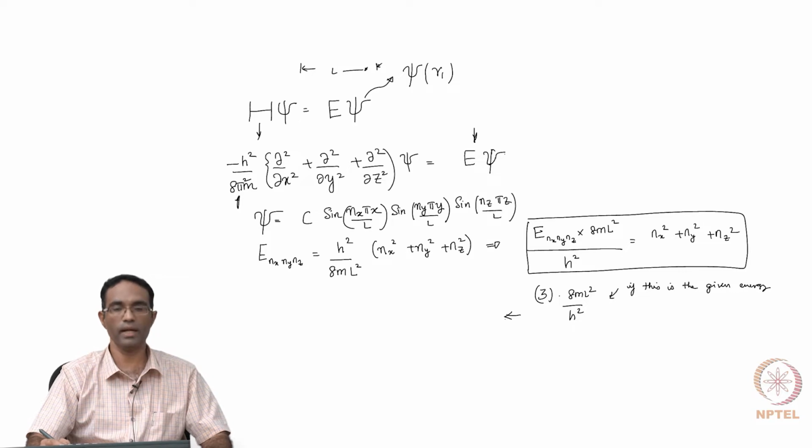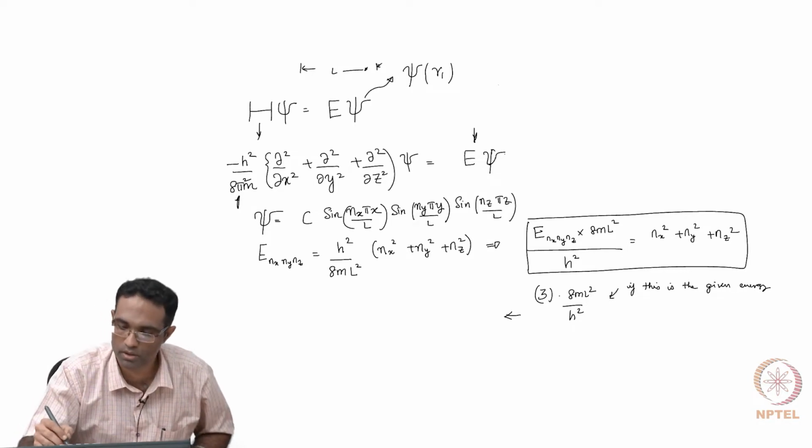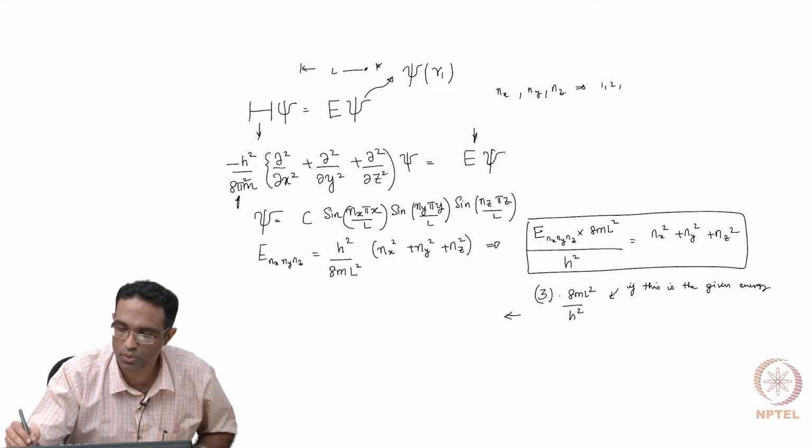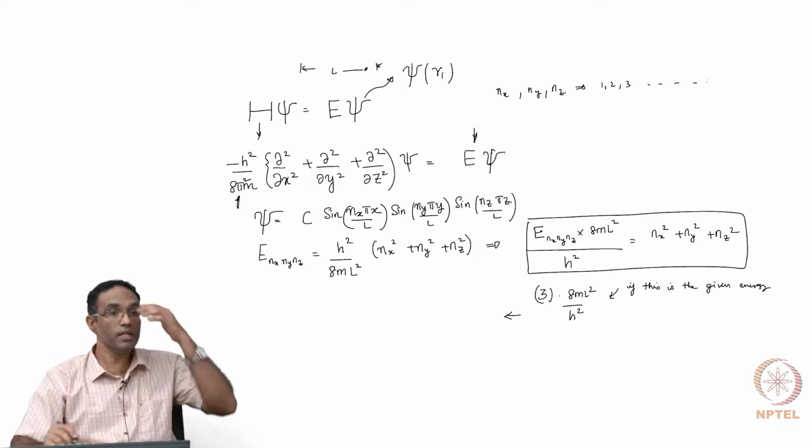What values can they take? nx, ny, nz are all positive numbers. So nx, ny, nz are all 1, 2, 3 and so on. They are just integer values.